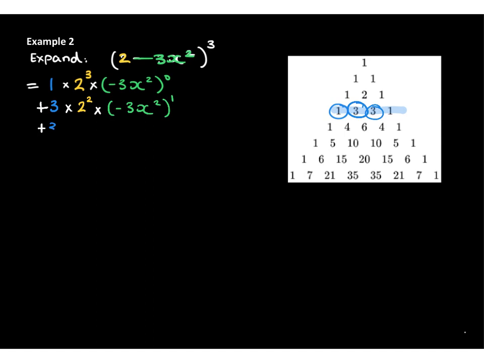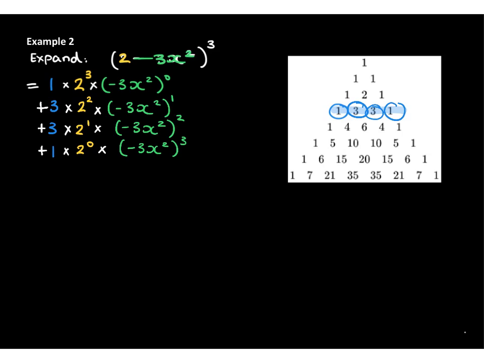Next coefficient, 3. Then we want to have 2 to the power of 1 and (negative 3x squared) all squared. And then one final term, 1 multiplied by 2 to the power of 0 multiplied by (negative 3x squared) all cubed.